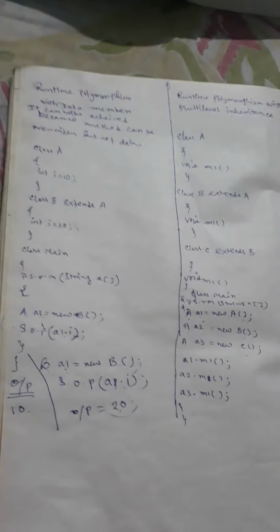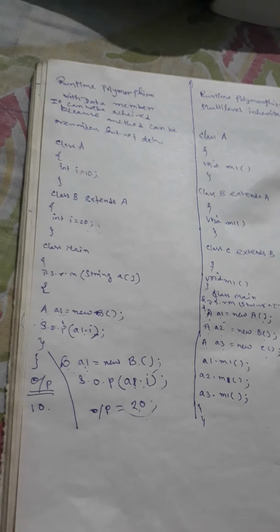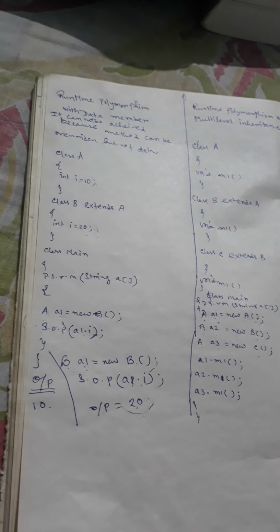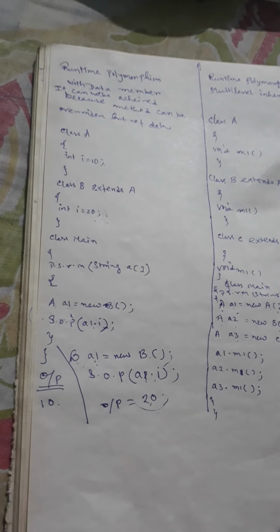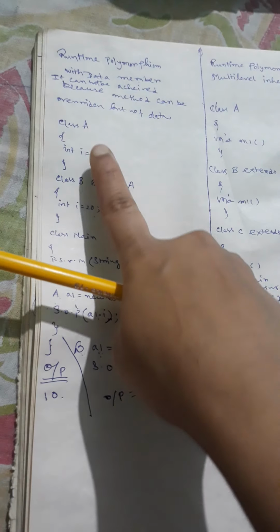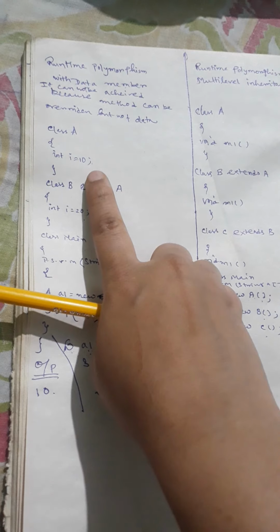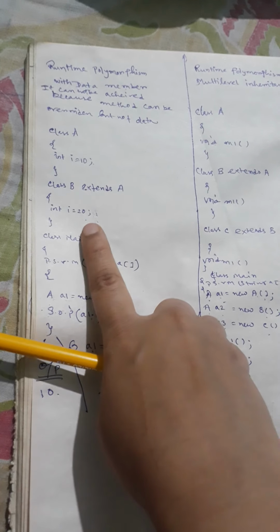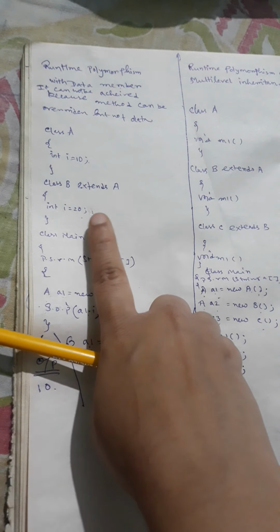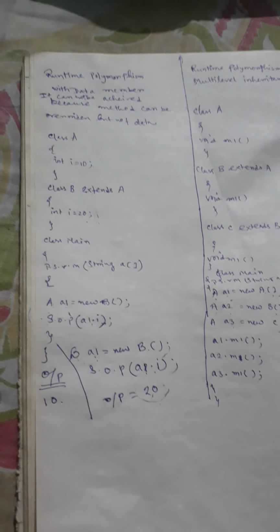We can show that overriding happens only on methods, not on data members, which means the overriding concept only happens on methods, not data members. So suppose class A has int i equal to 10 and B has int i equal to 20.